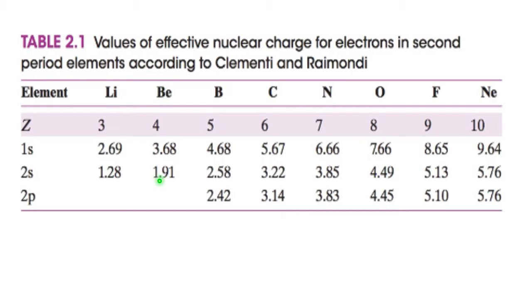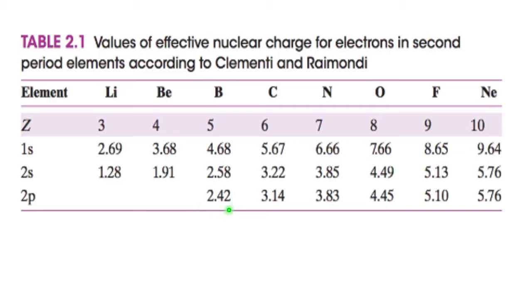For beryllium, 1.9, not exactly 2, but close enough. Then it goes higher, higher, higher. For neon, it's not plus 8 as it should be if you simply subtract 2. It's 5.76, still very big number.